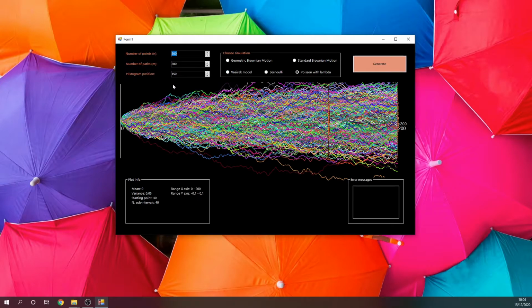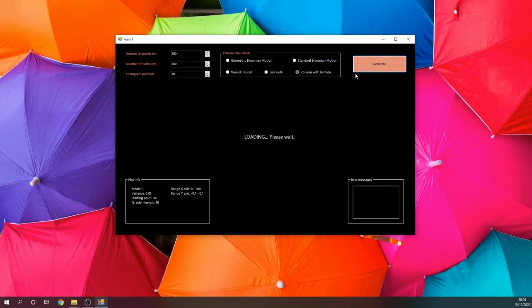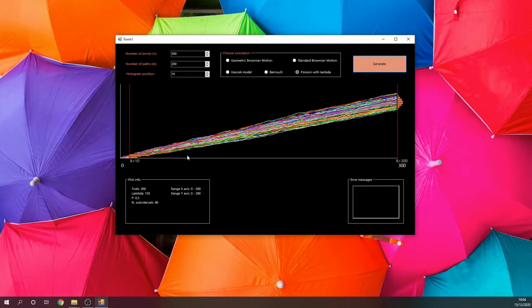So if we select this one. Okay, so this is our stochastic process, and we can see that at 10 we cannot see a normal distribution, so we have to increase the histogram position to start to see a normal.